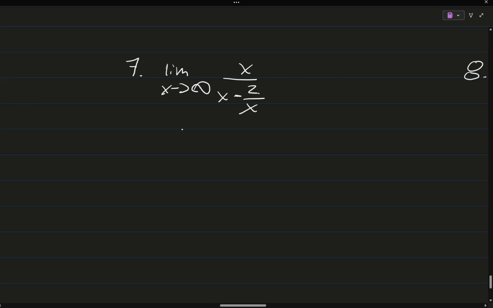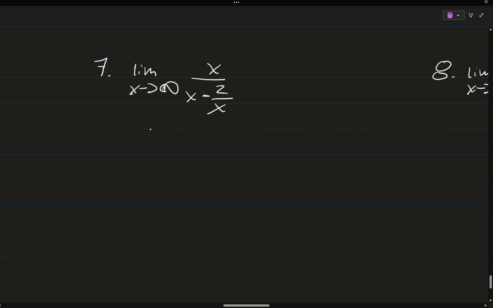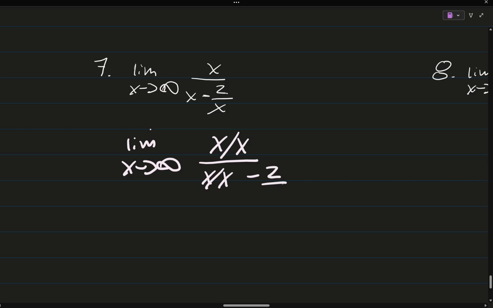For number 7, we have the limit as x approaches positive infinity of x over x minus 2 over x. Here I'm going to divide each thing by x. So this will leave us with the limit as x approaches positive infinity of x divided by x over x divided by x minus 2 over x divided by 1 over x.